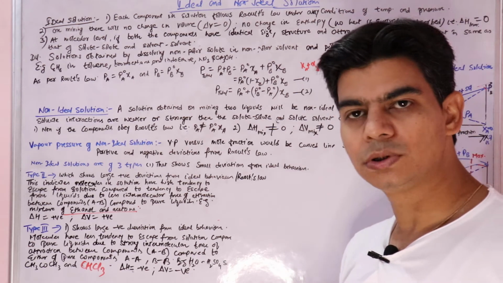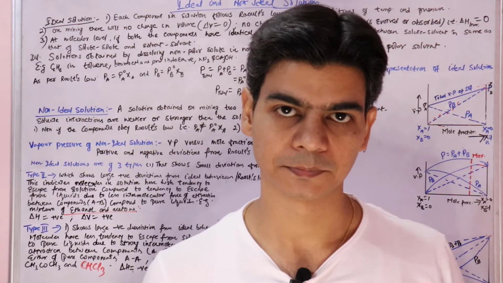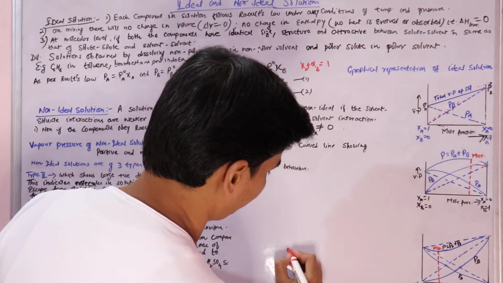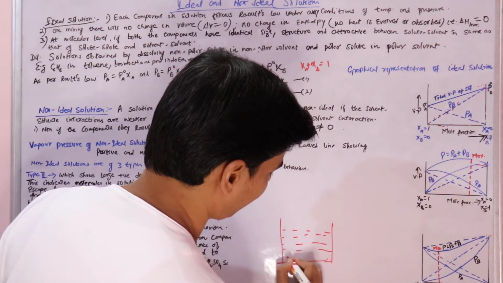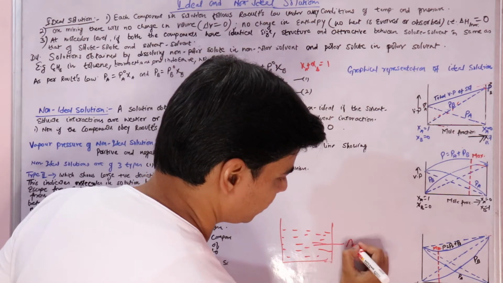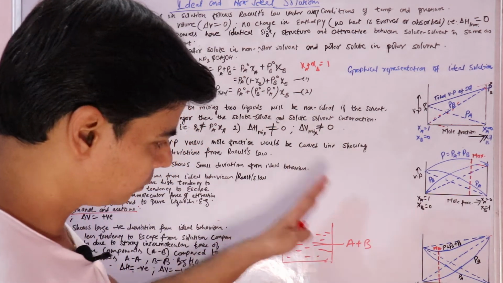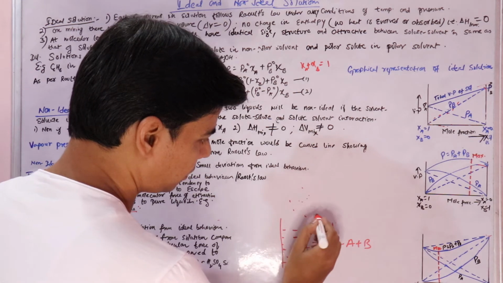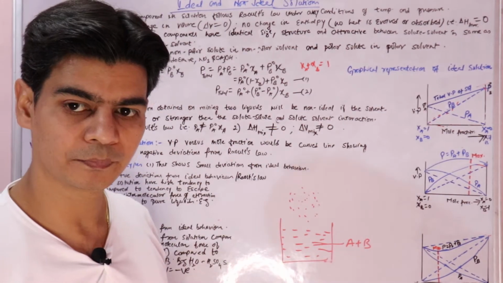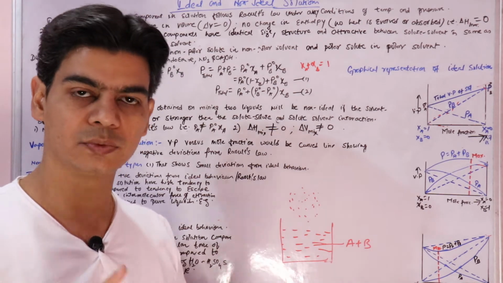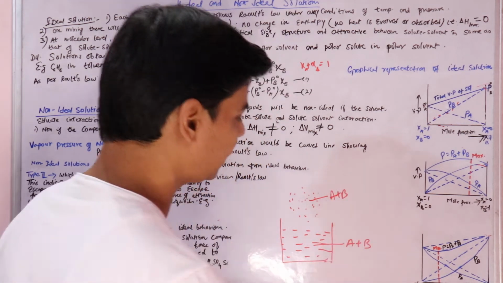Let's suppose we have a binary solution composed of two liquids, A and B. The solution of two liquids A and B will form vapors above it, and these vapors will consist of A as well as B, vapors from liquid A as well as from liquid B.